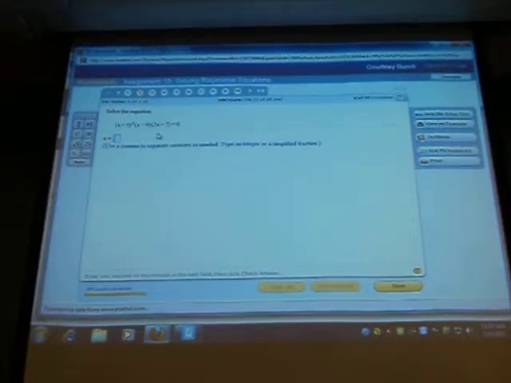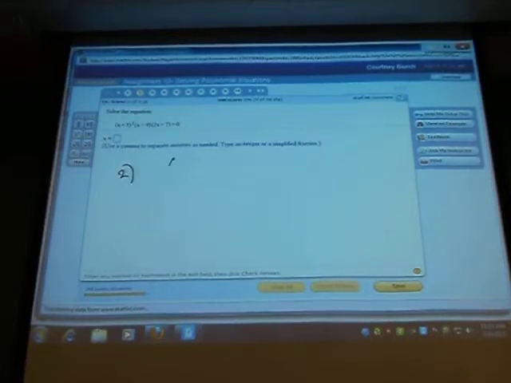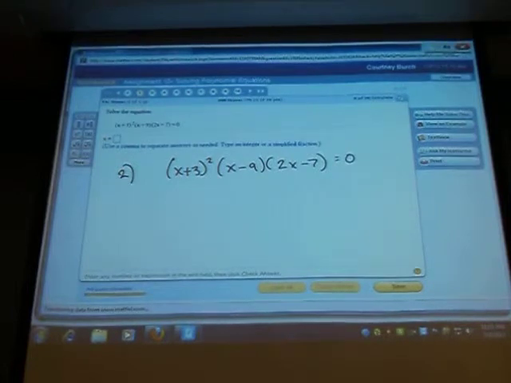If I look at this equation, I want to set these factors equal to 0.